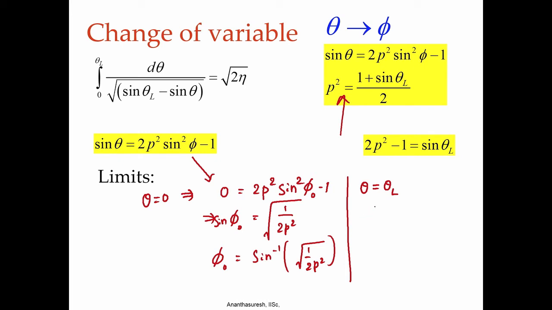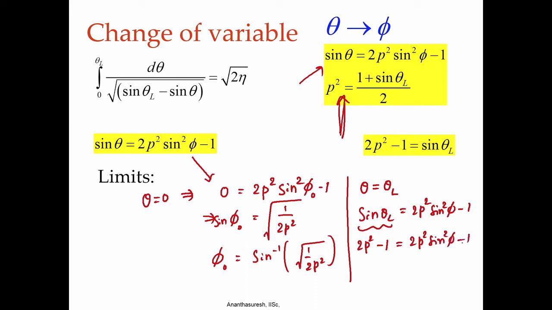So, we can see that when theta equals theta L, when we go back to this first equation itself, sin theta L equals 2 p square sin square phi minus 1, and we know sin theta L from the second equation is 2 p square minus 1, and this side we have 2 p square sin square phi minus 1.